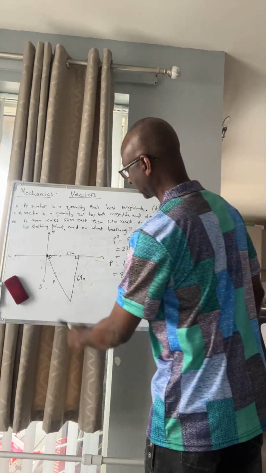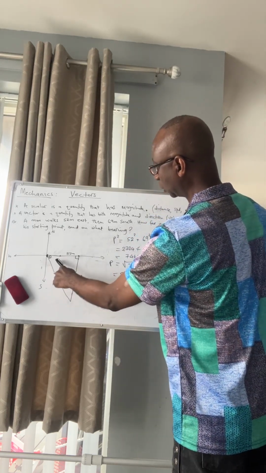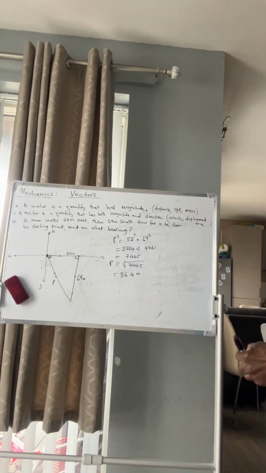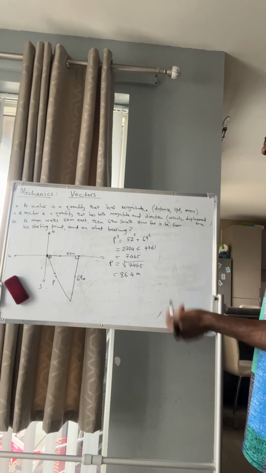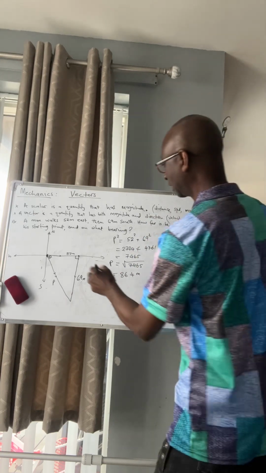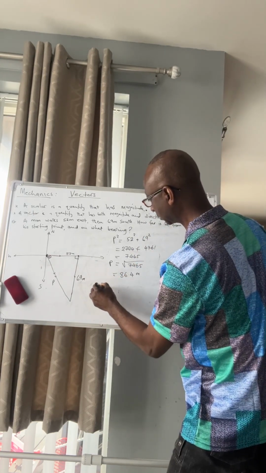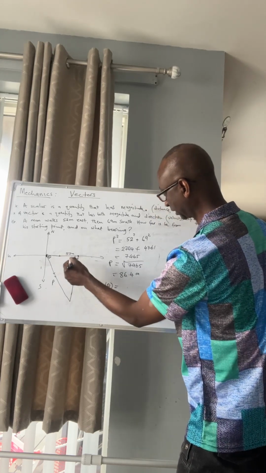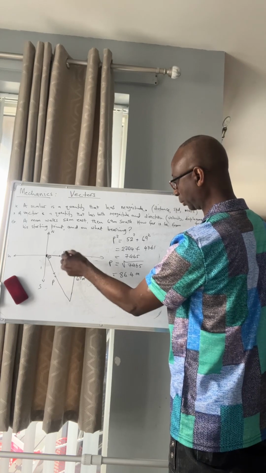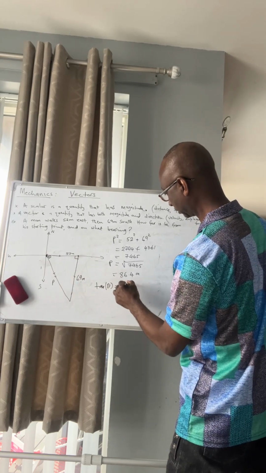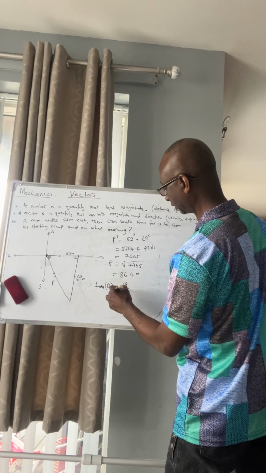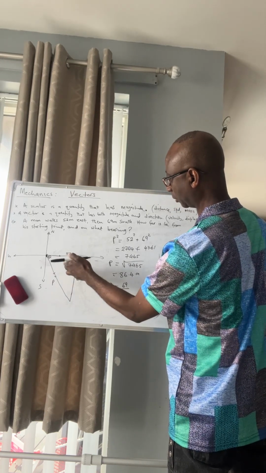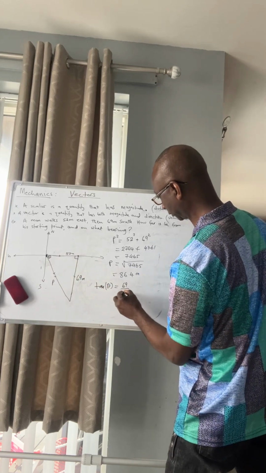If that is the case, this is your angle here. You have your adjacent and you have your opposite. So which identity should you use? Use the tangent. Tangent gives you opposite and adjacent. So you now have tan of theta equals opposite, which is 69, all over adjacent, which is 52.